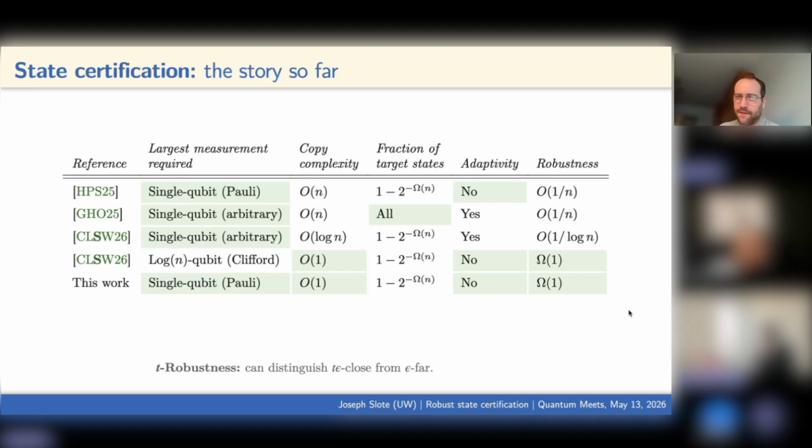The copy complexity for us is simply 1/epsilon squared times log of 1/delta, which is actually the same copy complexity as the information theoretic optimal measurement of just projecting onto psi. So we exactly meet the copy complexity of the best possible measurement.